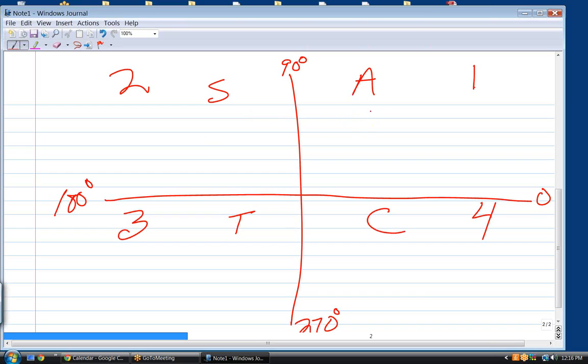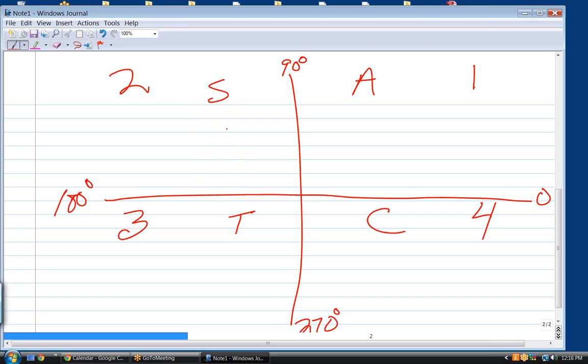All 6 trig functions are positive in the first quadrant. In the second quadrant, only sine and its reciprocal are positive, which would be sine and cosecant. We don't list that because we assume that you know that if sine is positive, the reciprocal has to be positive.